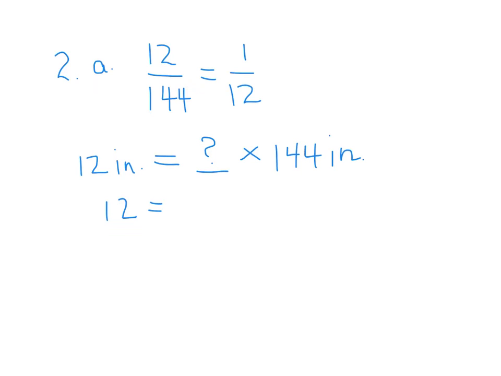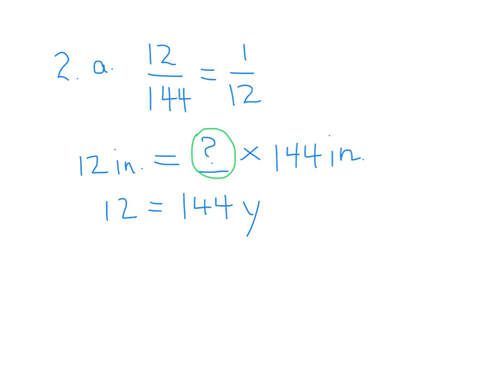So this part is going to become a variable. Let me use a different symbol because I don't want to use x and confuse that with a times sign, so I'm going to say it's y instead of x. Okay, so I'm saying 144 times something is 12.